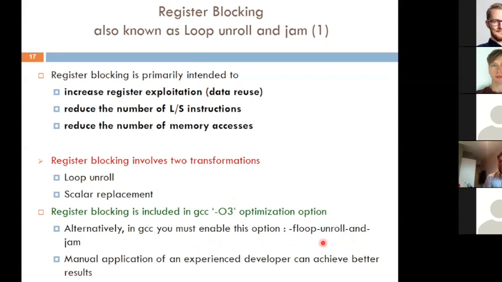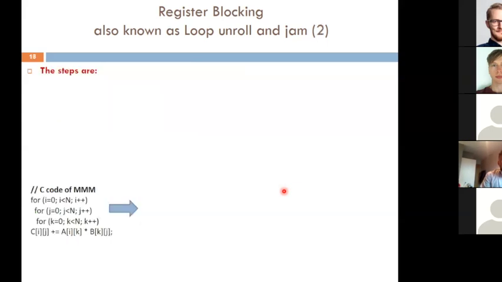An experienced developer can achieve better results if we use register blocking manually rather than switching on the auto optimization. How can we do that? There are two steps. This is our serial code.